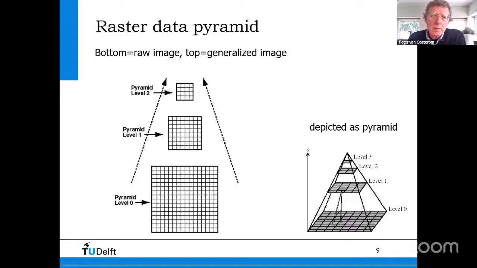And you repeat that until you are at a certain top level, which you are happy with. And it's good to remember that the bottom level of the pyramid can be tiled or chunked, but you could also still do that for the levels above. So the level 1, as it's called here, and also level 2, because they could still be quite large, and also still indexing could be useful.